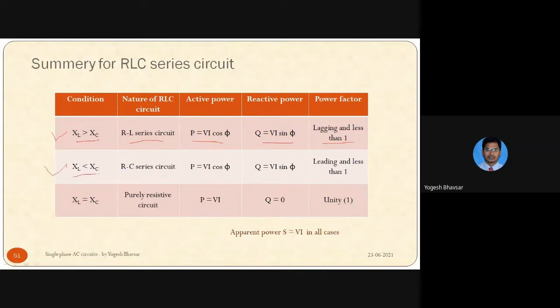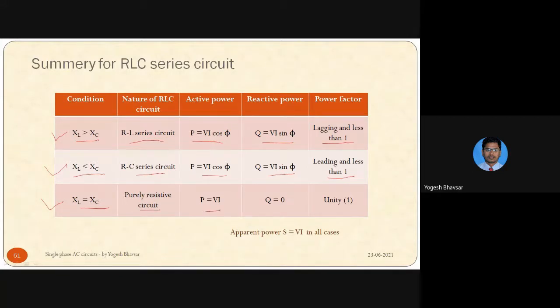Second condition, XL is less than XC, so it behaves as an RC series circuit. Then the power is the same: VI cos phi active power, reactive power VI sin phi, and the power factor is leading and less than 1. And third condition, XL is equal to XC, it behaves as a purely resistive circuit.